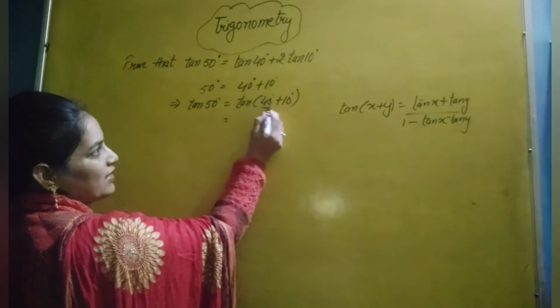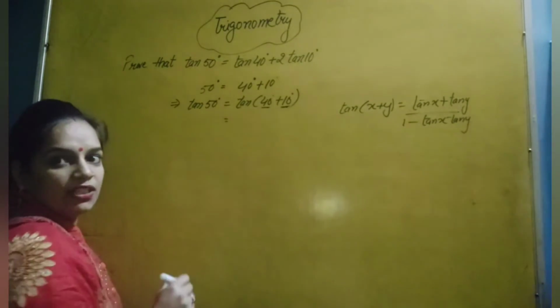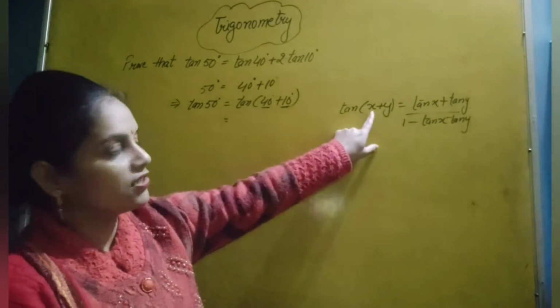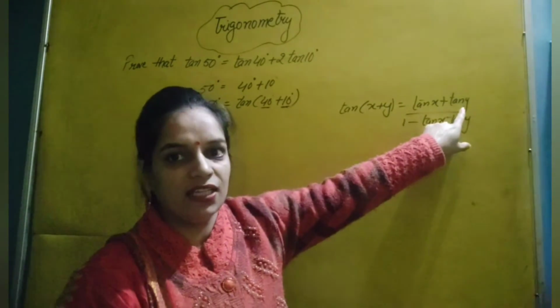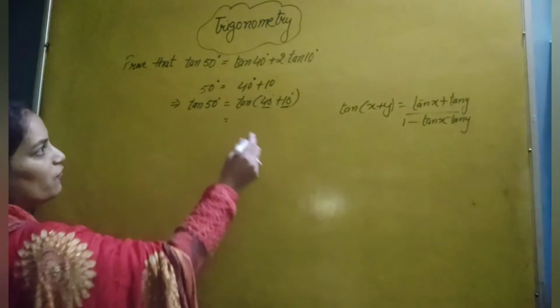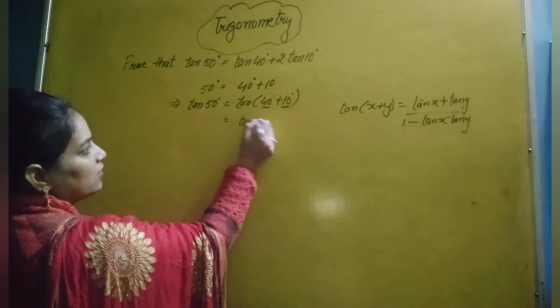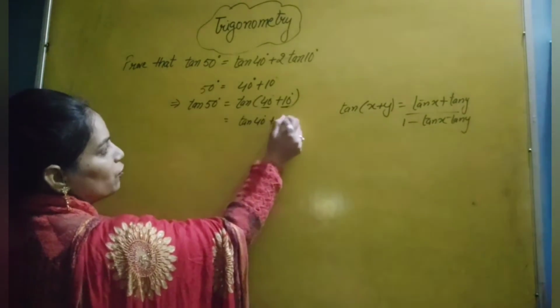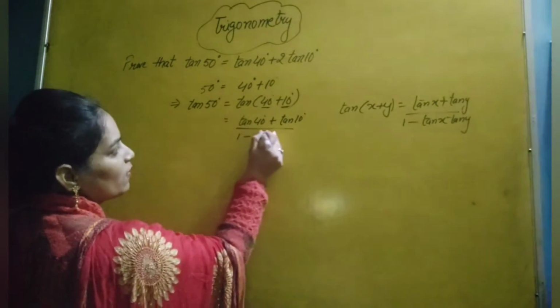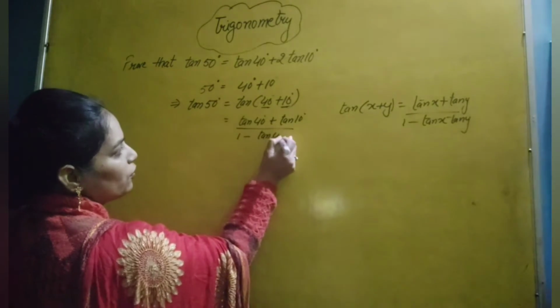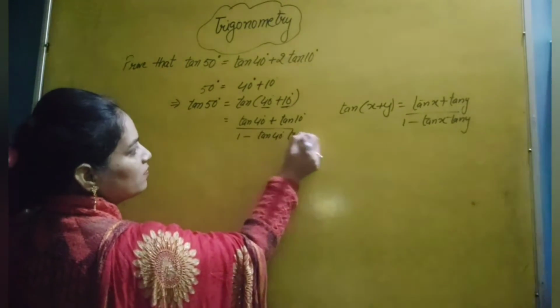In place of x there is 40 and in place of y there is 10. So tangent (40 plus 10) will equal (tangent 40 degree plus tangent 10 degree) divided by (1 minus tangent 40 into tangent 10 degree).